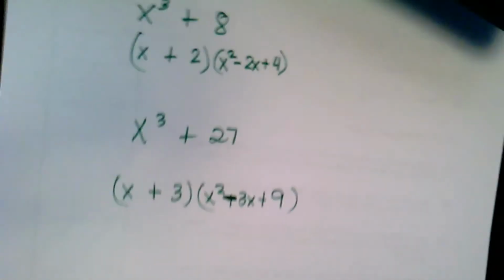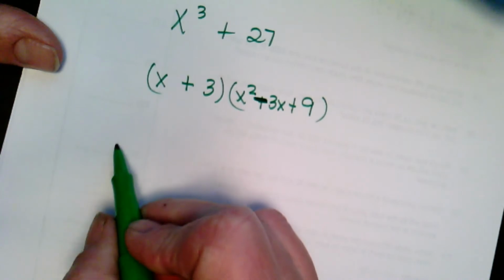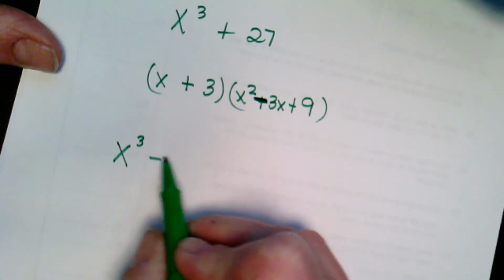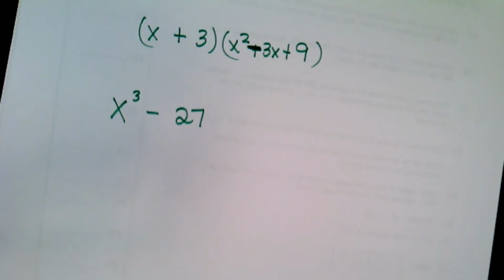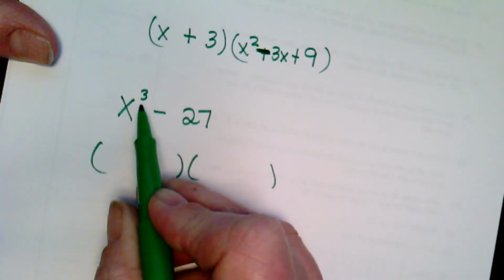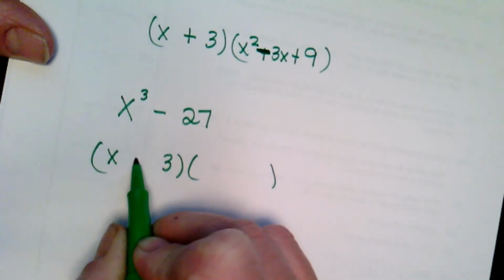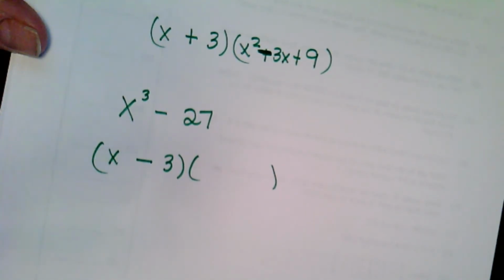That was the sum of cubes. We also have the difference of cubes. So there's an example. And the only thing that is different on the difference of cubes is where your plus and minuses go. Alright, so this time, same thing, cube root, but this time we have a minus here.